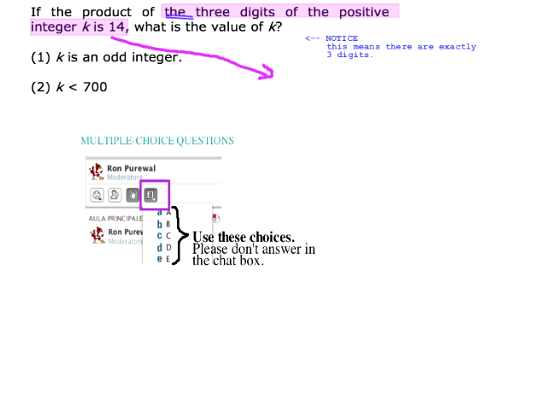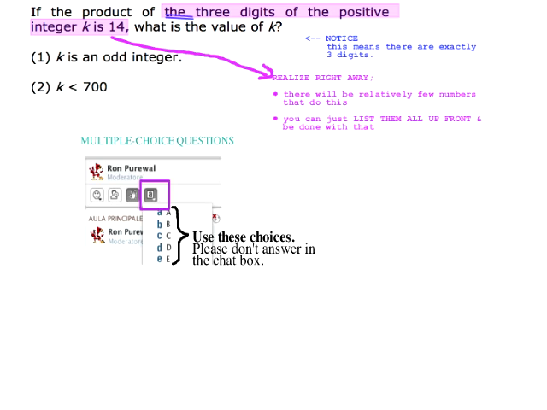So what you should realize right away here is that, that's supposed to be a colon, I'll fix that in a second, there will be relatively few numbers that do this. So you can just list them all up front and then be done with it.